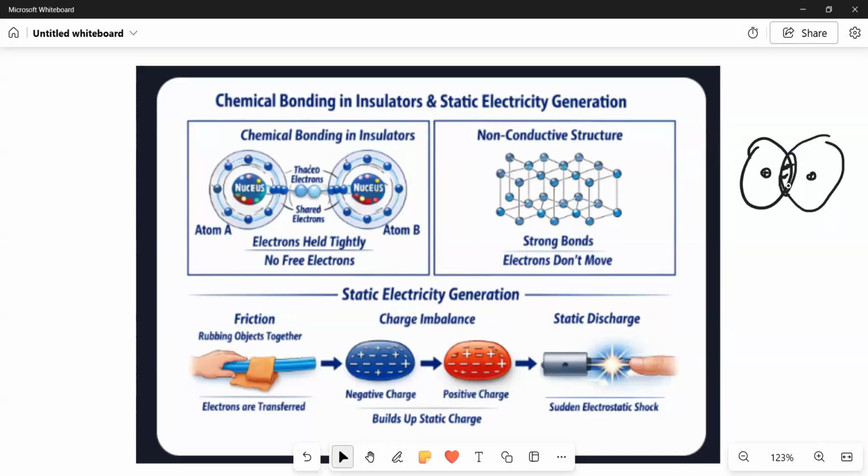So these are two atoms, and they come into a kind of bonding in chemistry. They call it molecular bonding. So the electrons are held on strongly. And as you see here in this other part of the picture, the material is arranged in such a way that the atoms have a strong bond, and it doesn't allow electrons to flow easily.